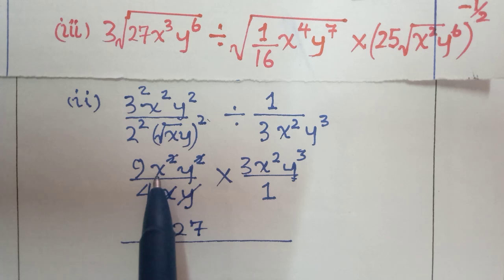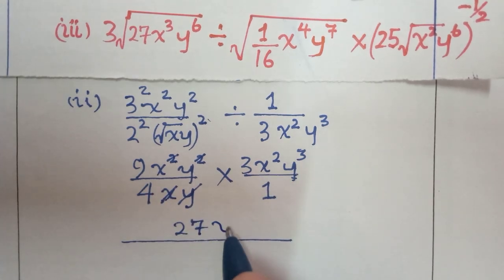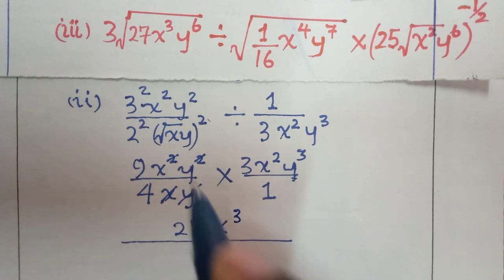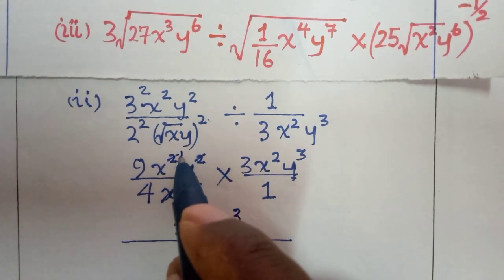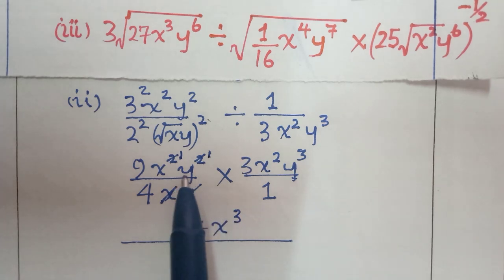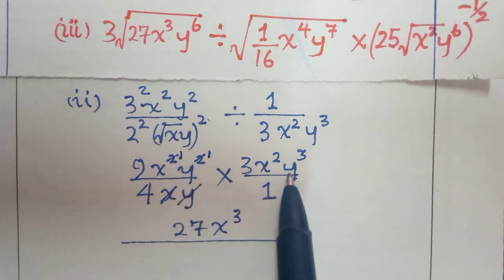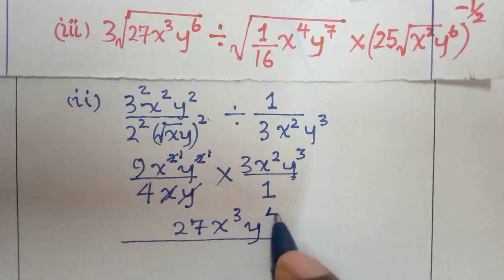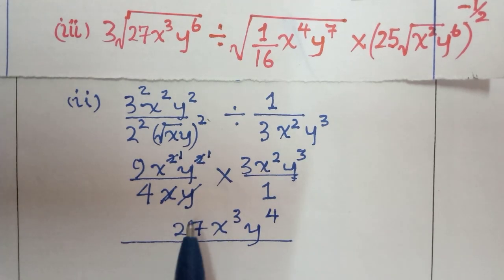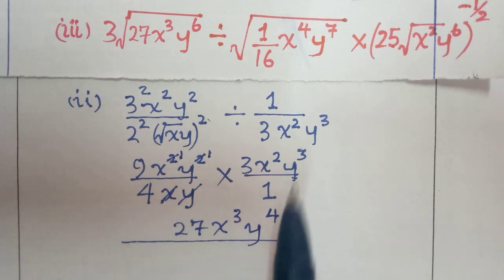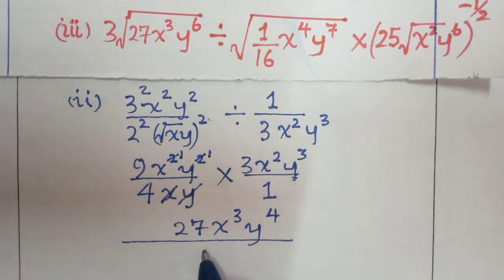Here x multiplied by x squared is x cubed. Multiply y raised to 1 and y raised to 3. You get y raised to 4. I'm finished with the numerator. I come to the denominator. So here you remain with only 4.